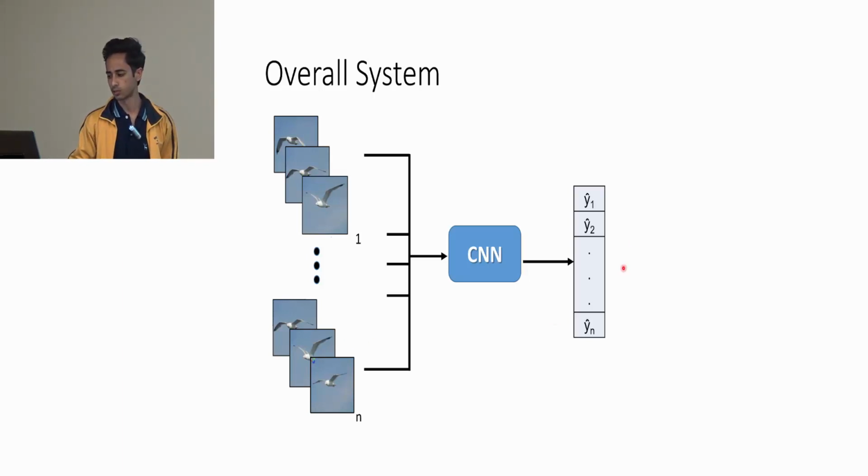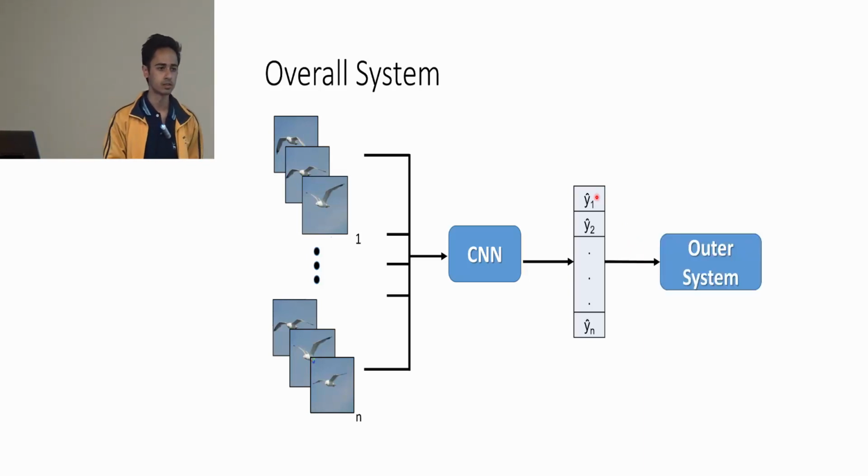This cycle length is predicted for each block individually and then passed to the outer system. This outer system is responsible for counting how many times the action has repeated and also doing the segmentation for the starting of the action and the end of the action.